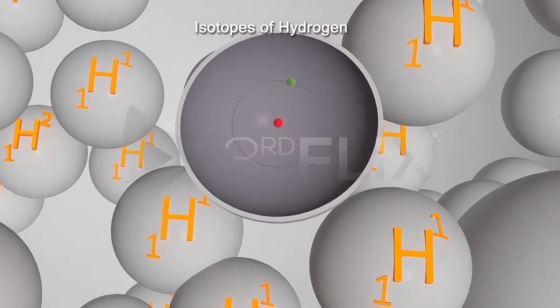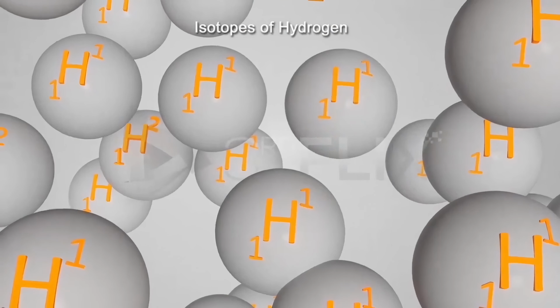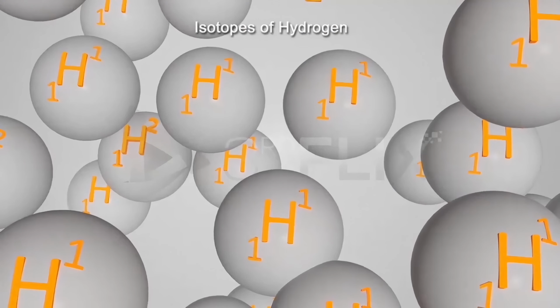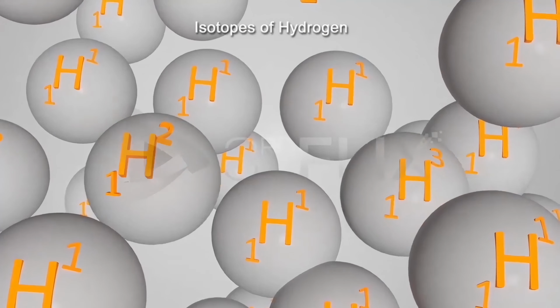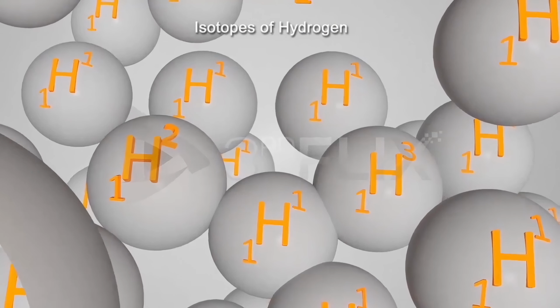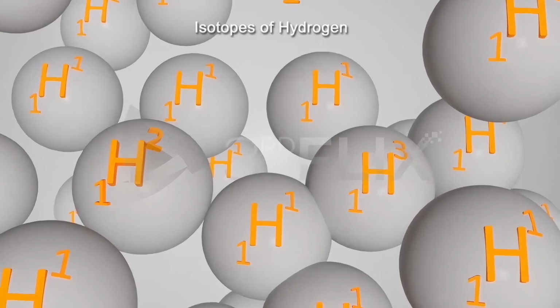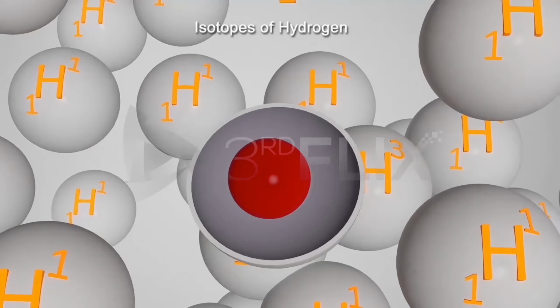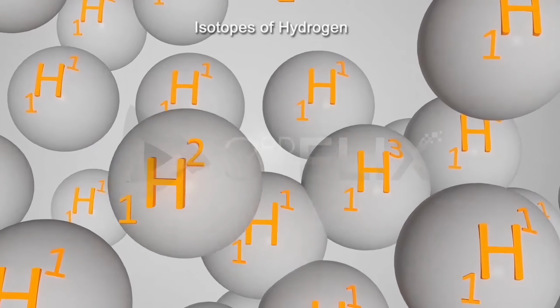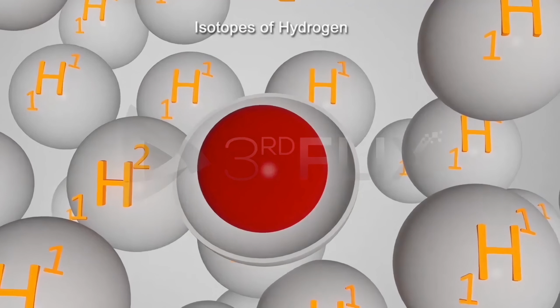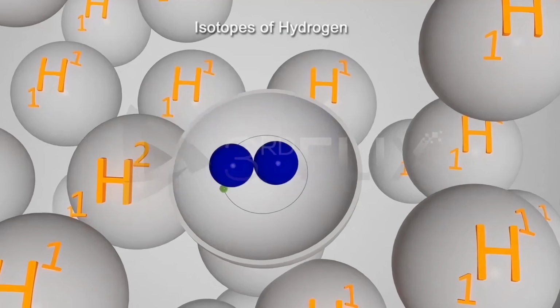It contains only one proton and no neutrons. The abundance of the other two isotopes, that is, deuterium and tritium, is 0.015%. Deuterium has one proton and one neutron, whereas tritium has one proton and 2 neutrons.